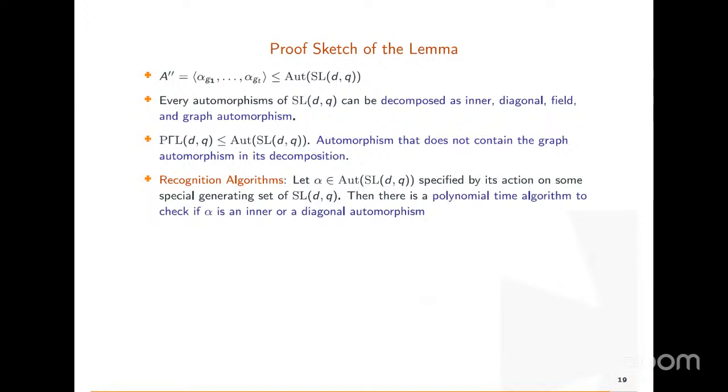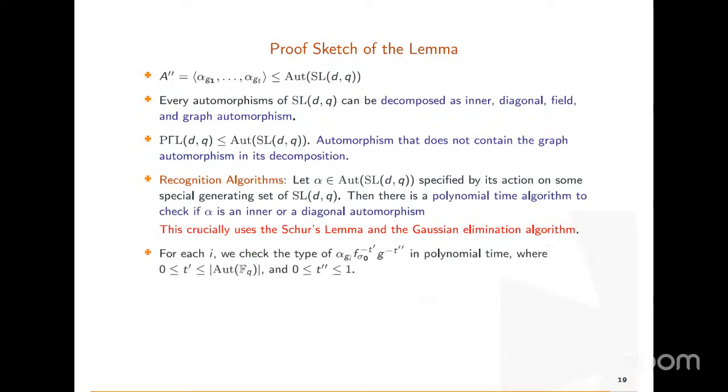That is where we have this recognition algorithm, where we recognize the type of the automorphism, and this uses tools from representation theory like Schur's lemma and also the Gaussian elimination algorithm. We take some special composition of automorphisms and check whether this automorphism is inner or diagonal.